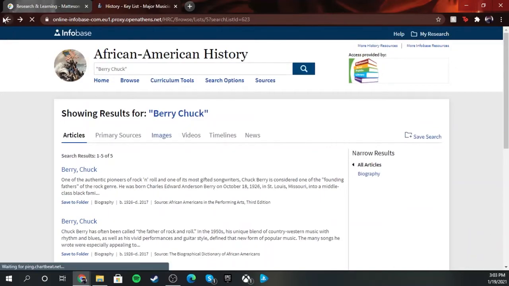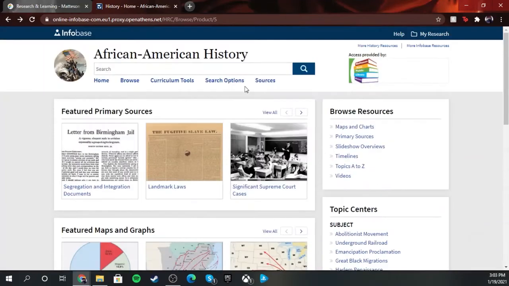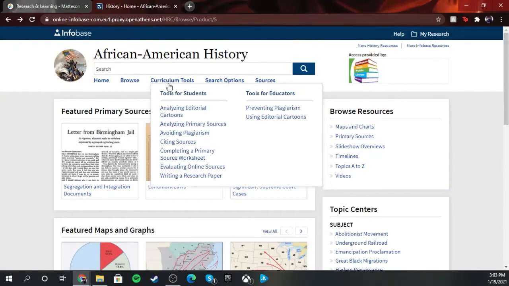What I do like, lastly, do want to show you. You can go up here and do curriculum tools. So tools for students, analyzing editorial cartoons, which is a great way for people to understand the sarcasm that they have in a lot of editorial cartoons, the way they present information through those cartoons, and why sometimes they're impactful, especially during specific political climates and situations.